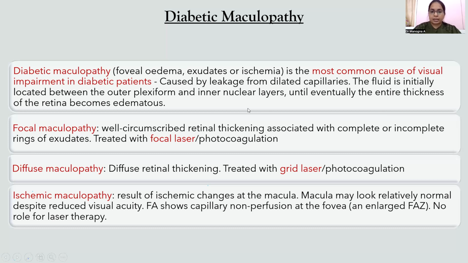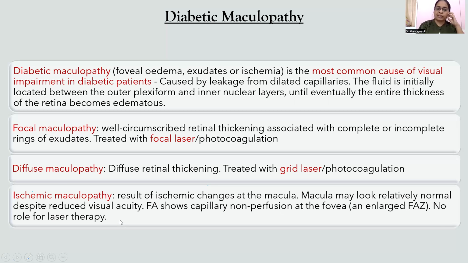Focal, as you know, is in a well circumscribed area, and treatment is with focal laser. Diffuse is diffuse retinal thickening. You can treat it with macular grid laser. And ischemic maculopathy: due to ischemic changes, the macula will look relatively normal clinically, okay? But FFA will show capillary non-perfusion and enlargement of the foveal avascular zone.